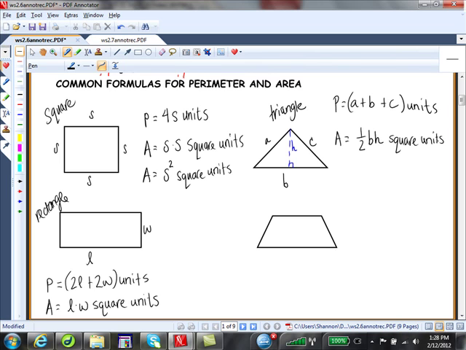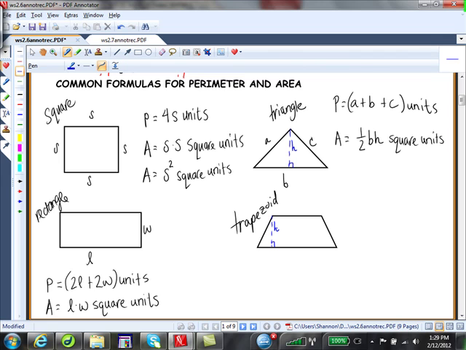Now, trapezoid is the next step. I used to always get a bit confused by the formula for a trapezoid until I recognized that the area, we'll do the area first, okay? Again, similar to the triangle, you want to have a height measure. The height forms a right angle with the bases.